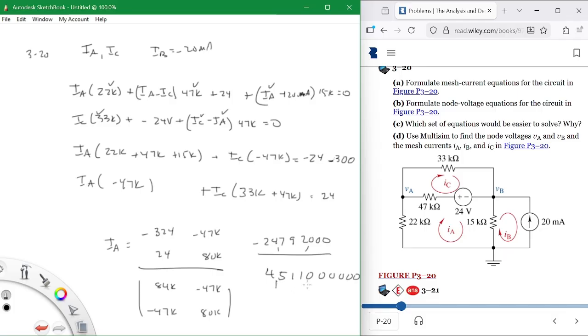Wait, scratch the zeros, it's 24,792 divided by 4,511,000 equals minus 54.95 milliamps. And there we have it. Not fun, but very doable. This one is very doable.